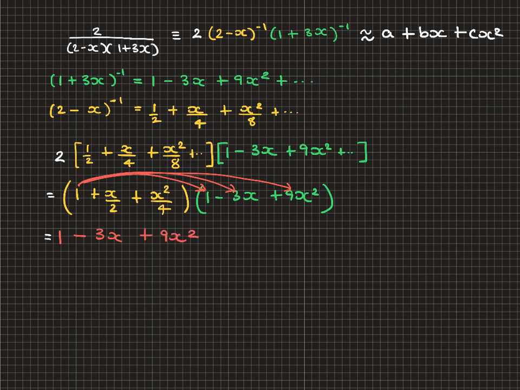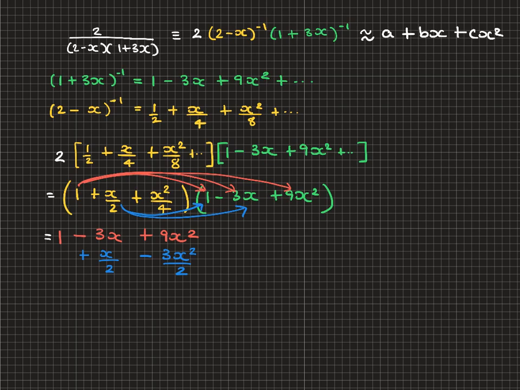So far, so good. Now let's take the x over 2 multiplied by 1, which gives me plus x over 2. Notice how I'm stacking the terms vertically, collecting like terms is a lot easier if we do it this way. And then x over 2 multiplied by negative 3x gives me negative 3x squared over 2.